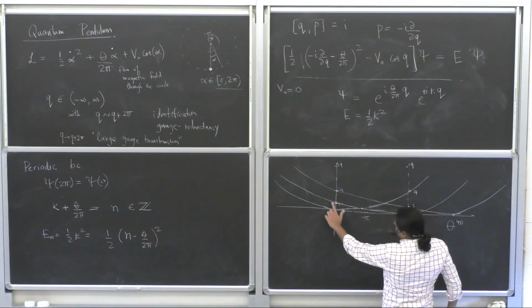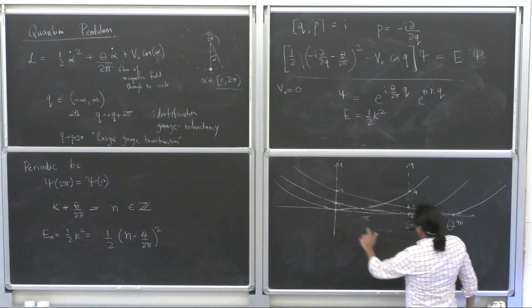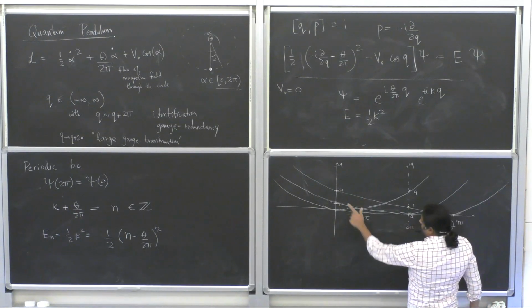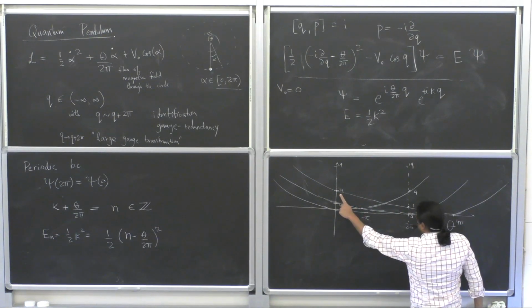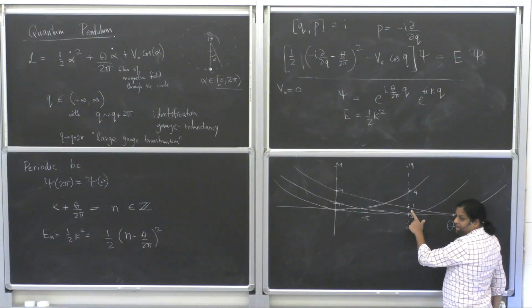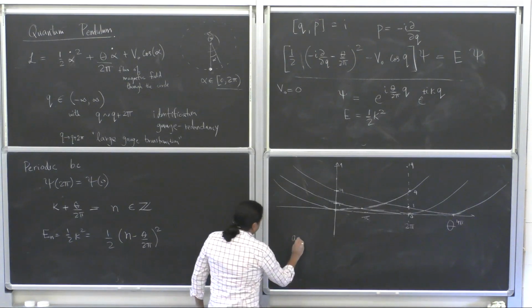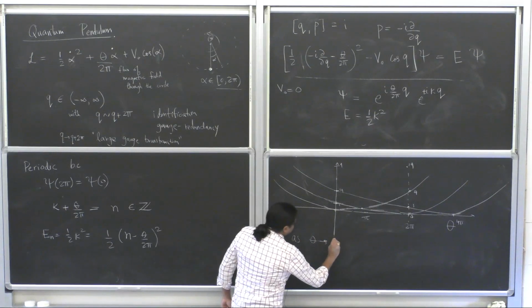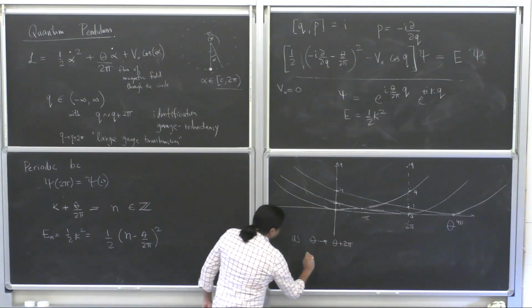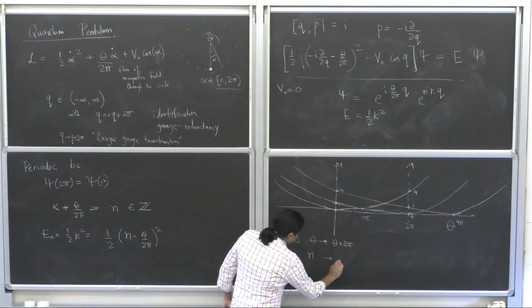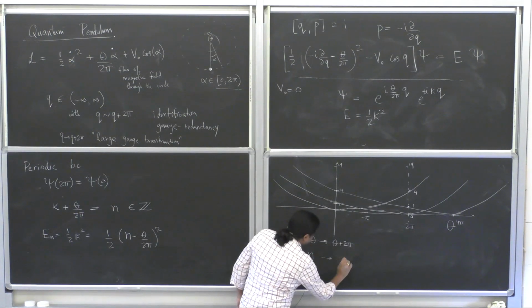So what was the first excited state at theta equals 0 now becomes the ground state at theta equals 2 pi. The n equals 2 state becomes n equals 1 at theta equals 2 pi, and so on. So as theta goes to theta plus 2 pi, state n effectively goes to state n minus 1.